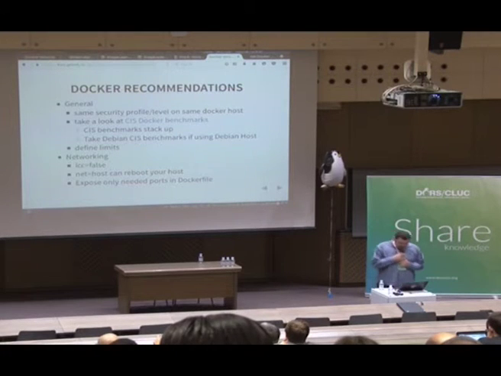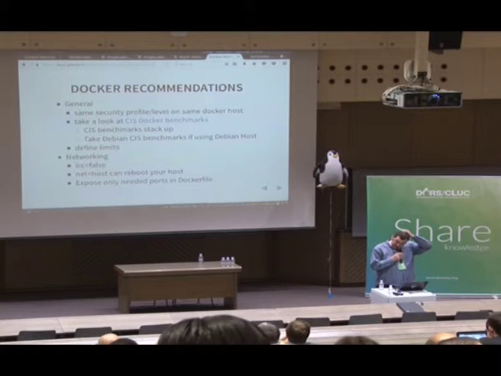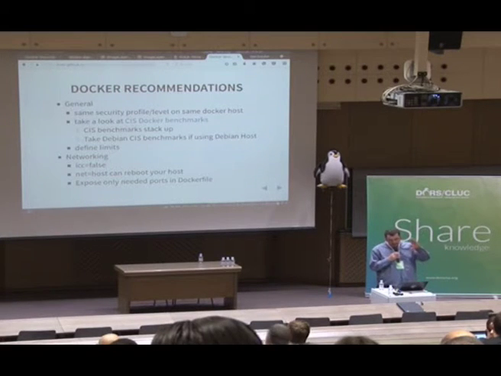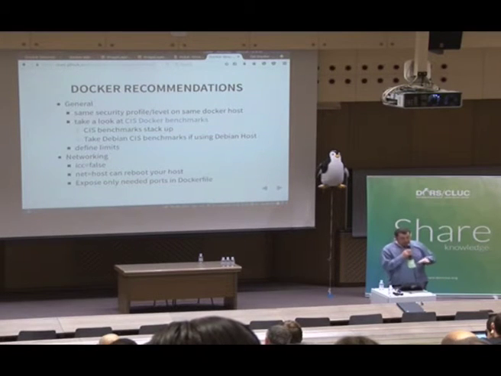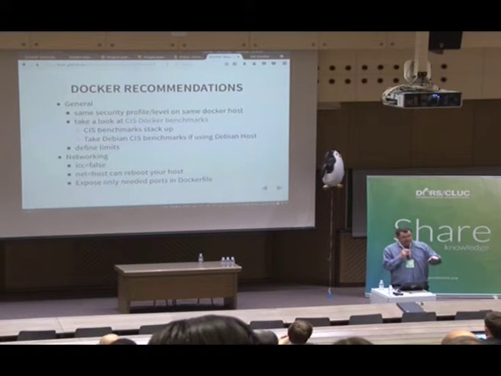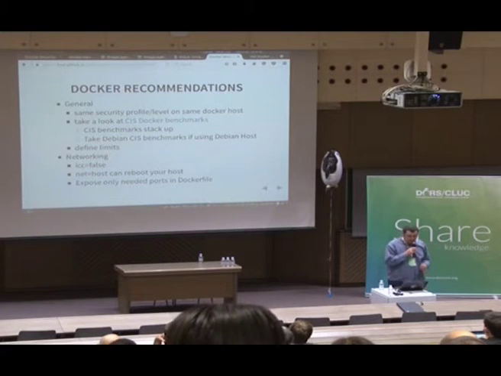And what to do to prevent all these security problems? If you have Docker container images which you plan to run, I would recommend don't have different security levels on the same Docker host, right? At least have the same security level for the same hosts, right?